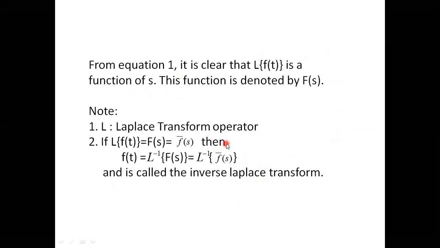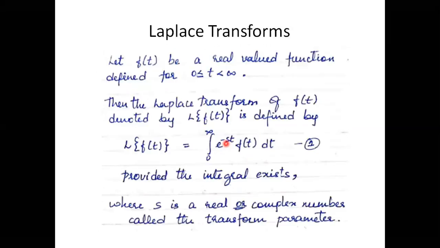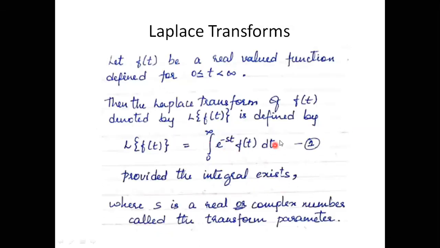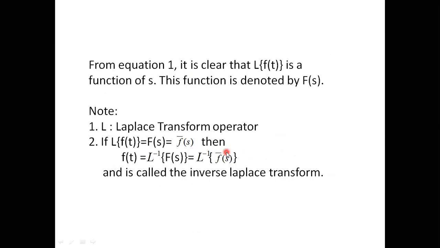From equation 1, that is from the definition of Laplace transform, it is clear that L of f of t is a function of s. Once we integrate this with respect to t, the resultant will be a function of s. And this function is denoted by F of s, capital F of s, or small f bar of s.